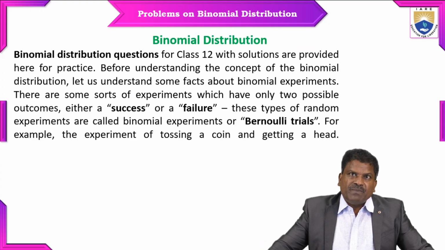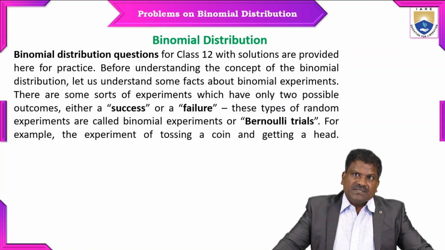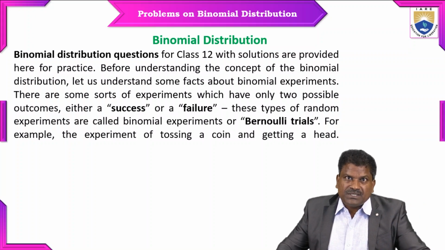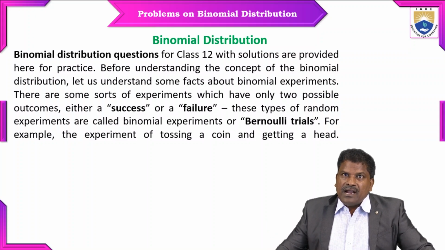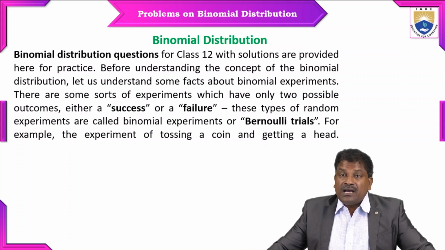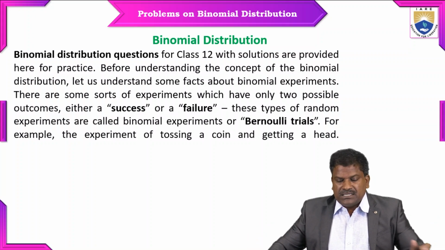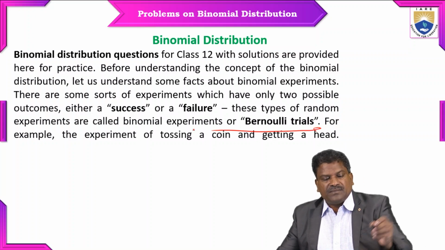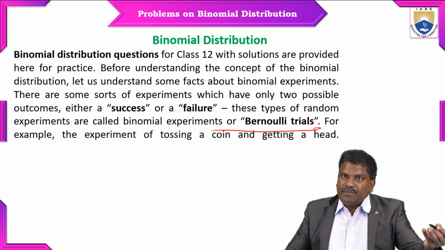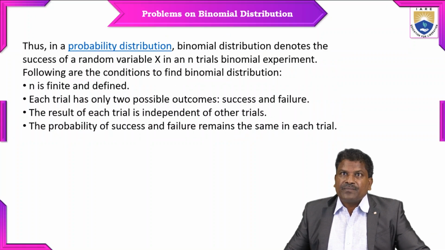This binomial distribution gives outcomes that become either successes or failures, and the experiments are called binomial experiments or Bernoulli trials. The experiment of tossing a coin and getting a head is a Bernoulli trial.